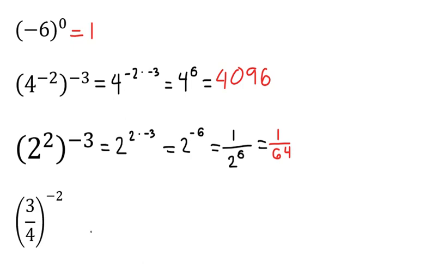Next, 3/4 raised to negative 2. So, distribute din natin. Then, magiging 3 raised to negative 2 over 4 raised to negative 2. Okay, then ulitin ko, bawal ang negative na exponent. Then, ay magiging 1 over 3 raised to 2 over 1 over 4 raised to 2.